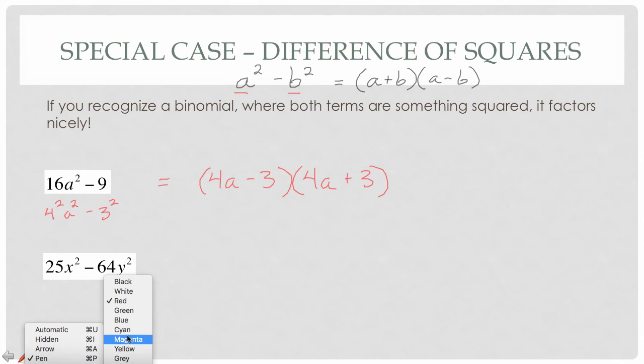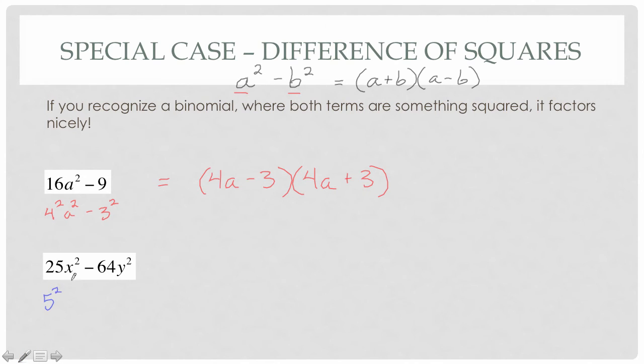Let's look at one more down here. This is my favorite one because if you can recognize what's going on, it's really easy. 25, that's 5 squared. X squared is x squared. 64 is 8 squared. And y, there's my y squared. I've got a difference of two squares being subtracted. It fits that pattern of something squared minus something squared.